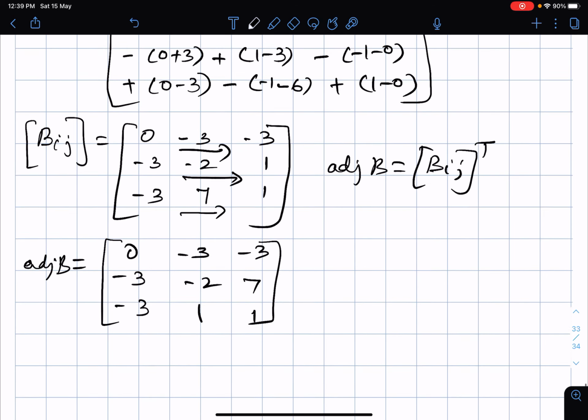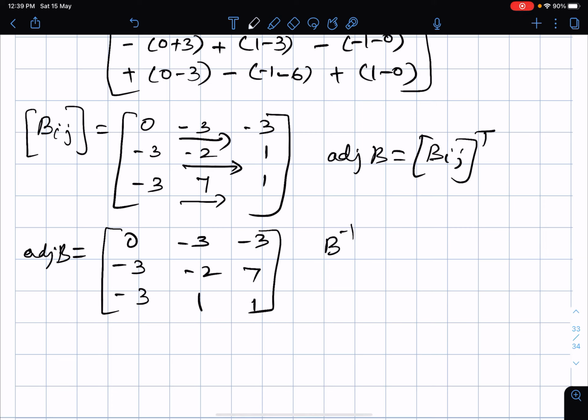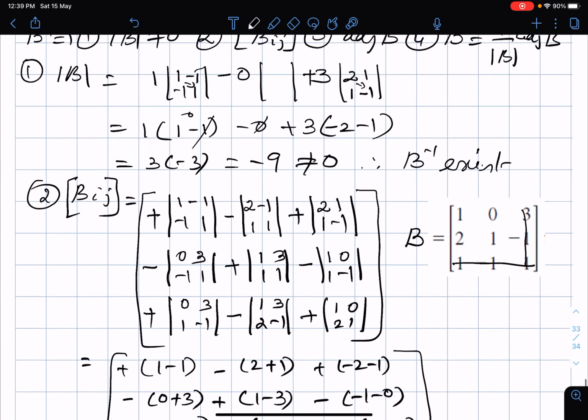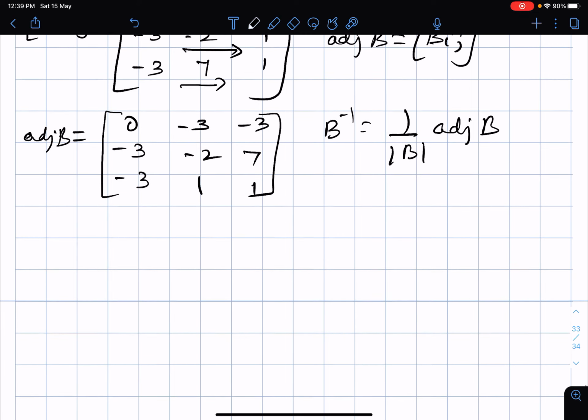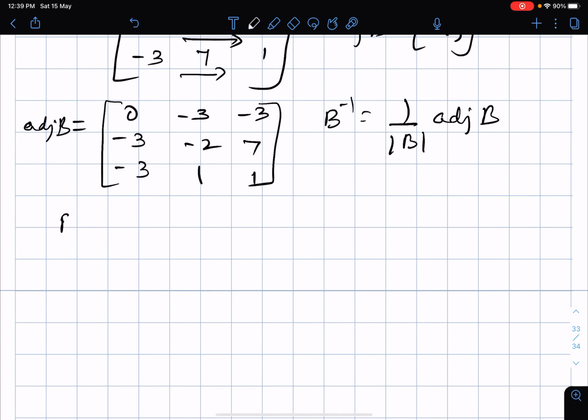Okay. Now B inverse. What is the formula for B inverse? 1 by determinant B into adjoint B. Okay. And for determinant B, we have got the value as minus 9. So your B inverse is going to be 1 by minus 9 into adjoint B, 0, minus 3, minus 3, minus 3, minus 2, 7, minus 3, 1, 1.